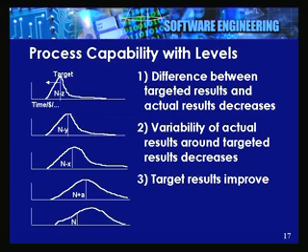If you have to see what will happen to the performance, then you can look at the next slide, the capability. So, what will happen when you go from level 1, 2, 3, 4, 5, first and foremost, the differences between the targeted results and the actual results are reducing. Okay, so you are able to target very close to where you want.